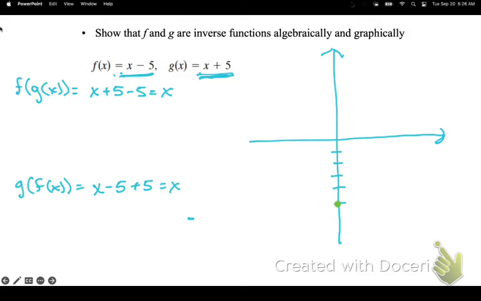What's the x-intercept? The x-intercept would be 5, wouldn't it? 1, 2, 3, 4, 5. Okay, there's one of them. And then 1, 2, 3, 4, 5. And I bet this one's negative 5.